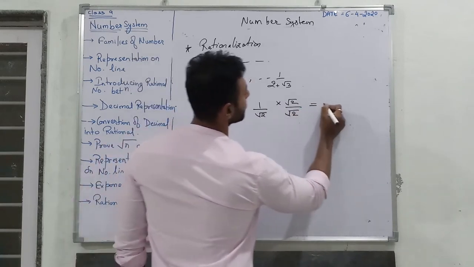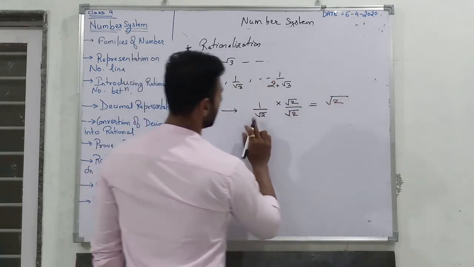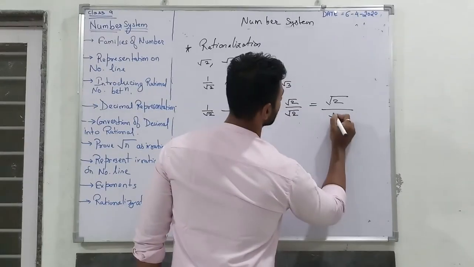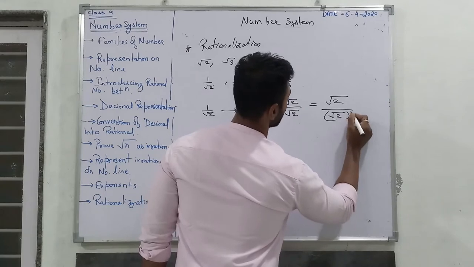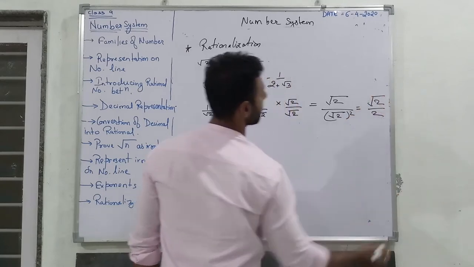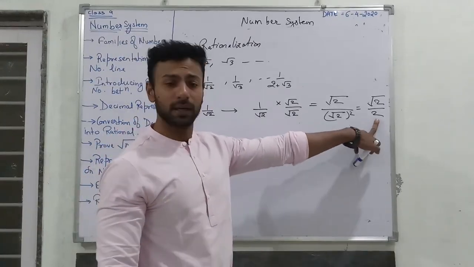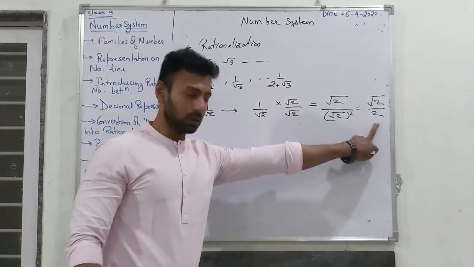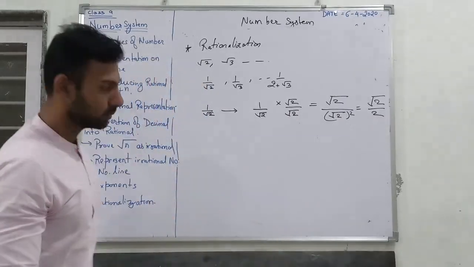This will be root 2 into root 2, which is root 2 square. Root 2 square is 2. So it will be root 2 divided by 2. Now we are having the whole number in the denominator. So we converted the irrational number into a whole number in the denominator.